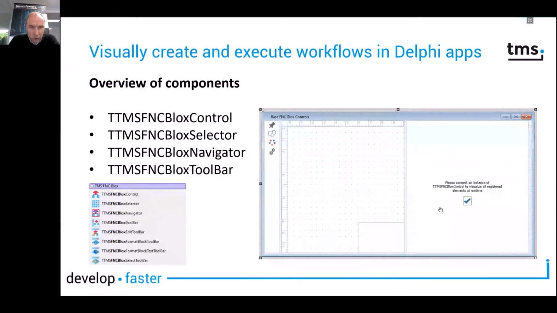And finally, there is also the TMS FNC blocks toolbar, and this is a toolbar from where you can either open up the blocks selector to pick a control from, or open up a pane from where you can change the attributes of blocks in your blocks control.